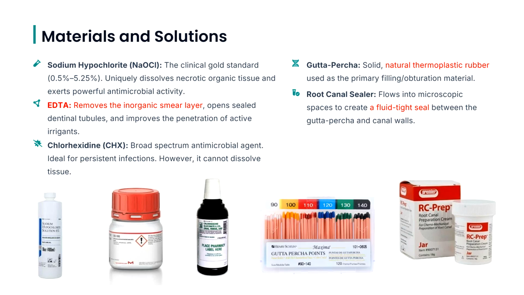But I have a picture of all of them. So this is sodium hypochlorite from Henry Schein. EDTA is from the chemical company because you guys read about it. And then chlorhexidine gluconate. You'll see that in like an oral surgeon's office. They'll have you rinse around. So if someone has like gum disease, the dentist might prescribe chlorhexidine mouth rinse to help kill some of that bacteria.